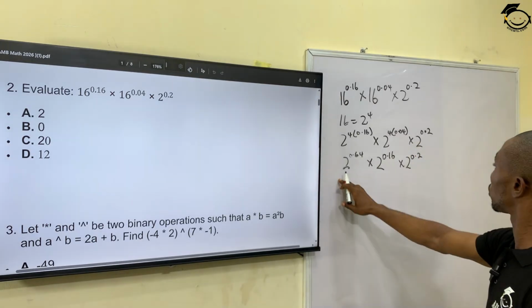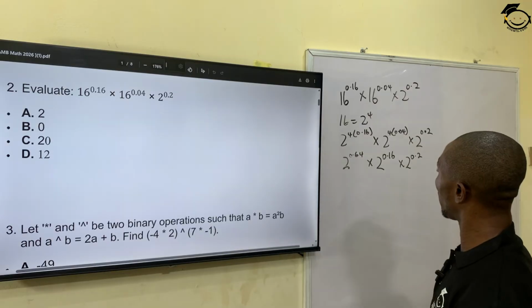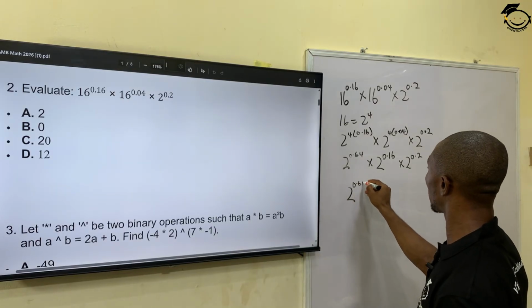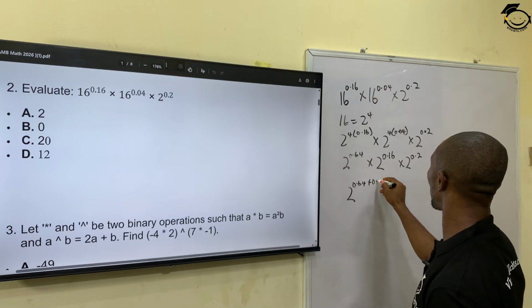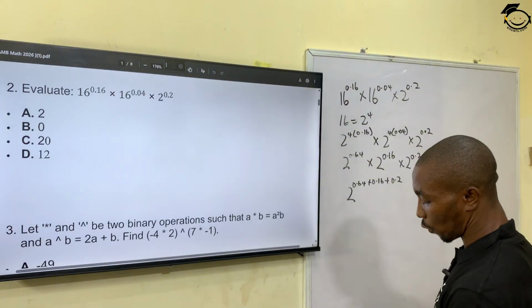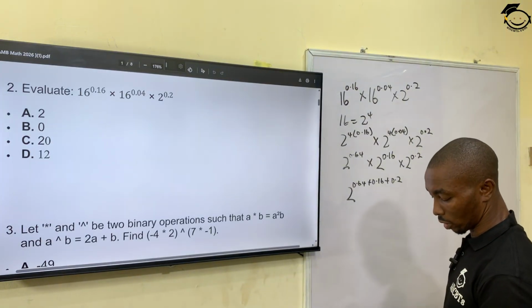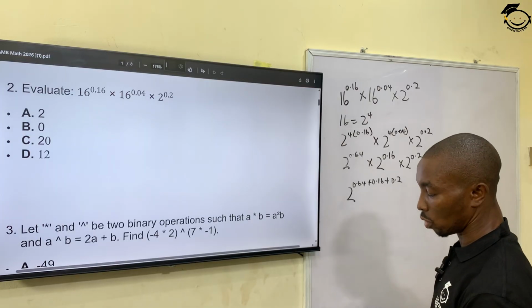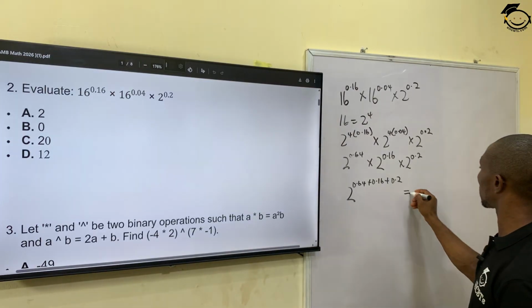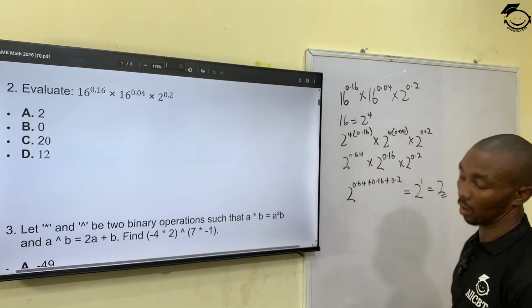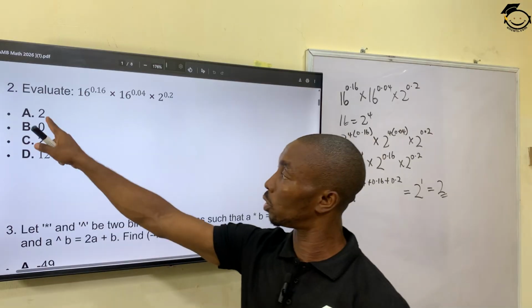Okay, now if we collect our bases, applying our laws of indices, this becomes 2 raised to the power 0.64 plus 0.16 plus 0.2. If we add 0.64 plus 0.16 plus 0.2, we have 1. So this is the same thing as 2 raised to the power 1, which will give us 2. And the correct option will be option A.